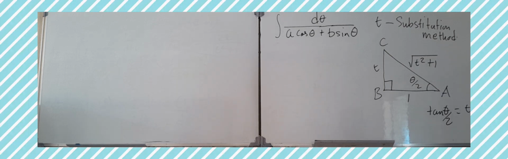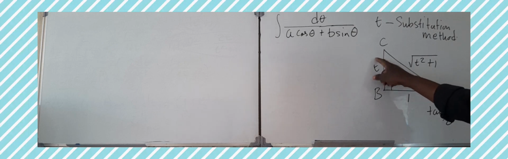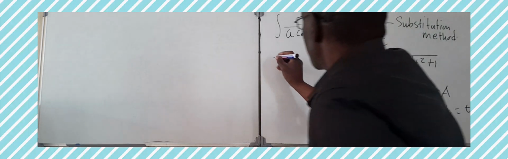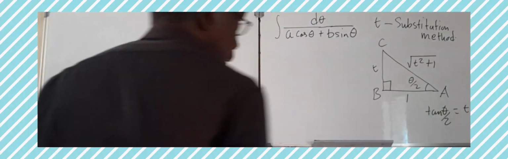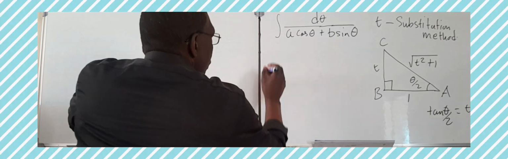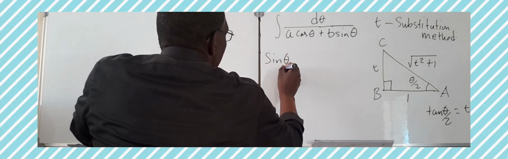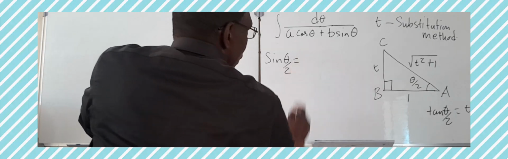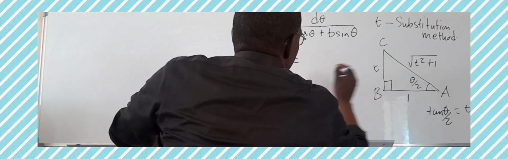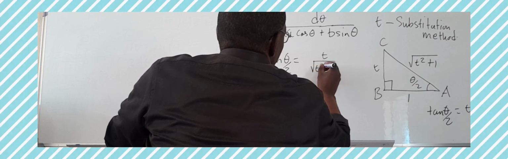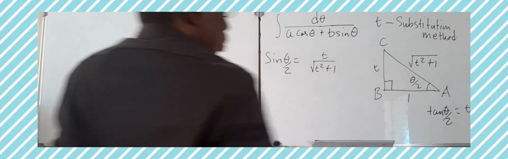What about the other trigonometrical ratios, sine of theta over 2 and cosine of theta over 2? Sine of theta over 2 is equal to opposite over hypotenuse, which is T divided by the square root of T squared plus 1.